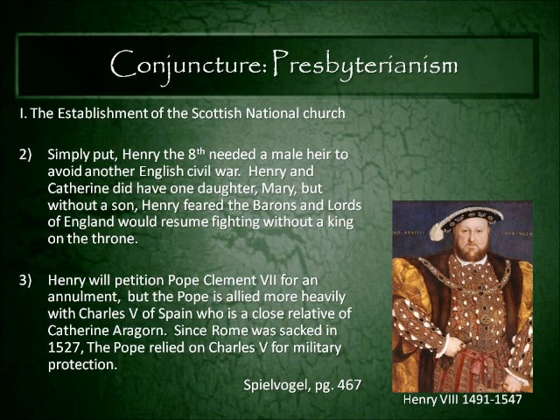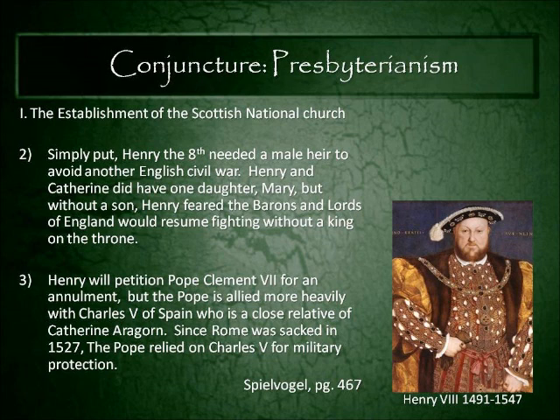And unfortunately, his wife, Catherine, is not playing along with this idea. So, Henry will devise a pretty interesting but brutal plan. Henry will petition Pope Clement VII for an annulment. Now, an annulment is very different from a divorce. A divorce generally means that you simply declare a marriage over.